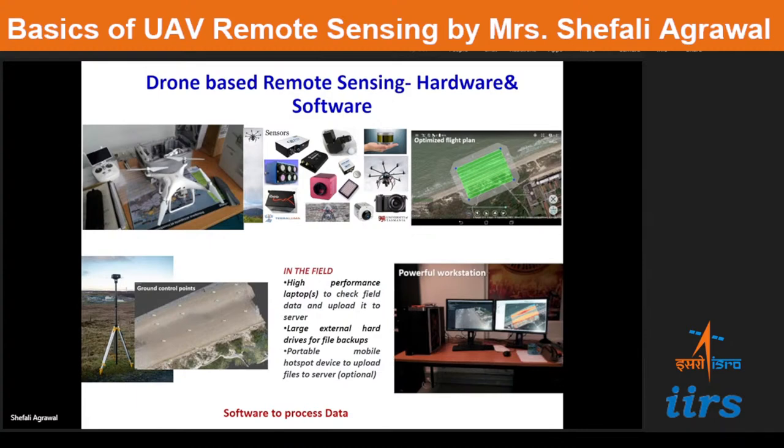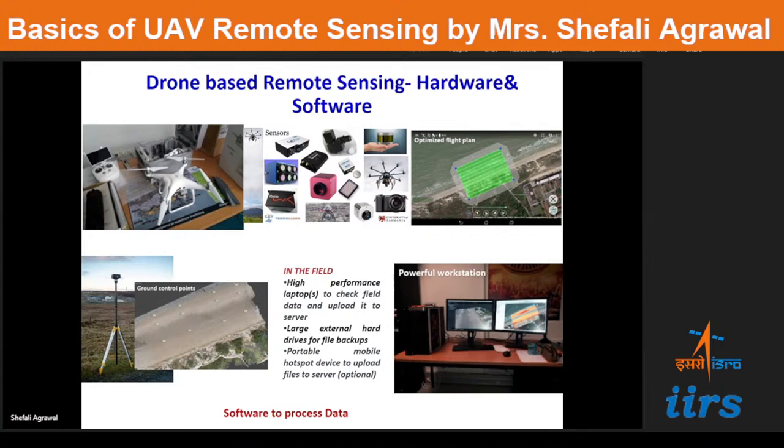There are two ways of georeferencing, direct and indirect. Many drones are also equipped with high resolution RTK based GPS or PPK based GPS. If they are equipped with that, then the cost of the drones is higher, but the data is directly georeferenced.